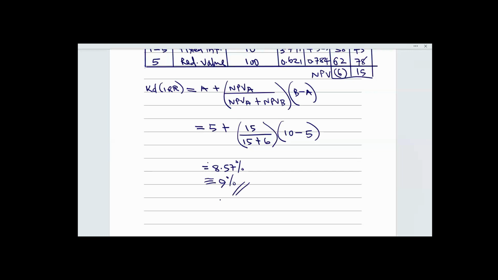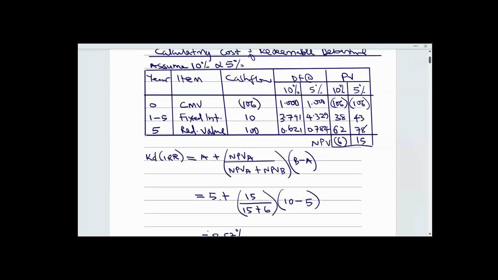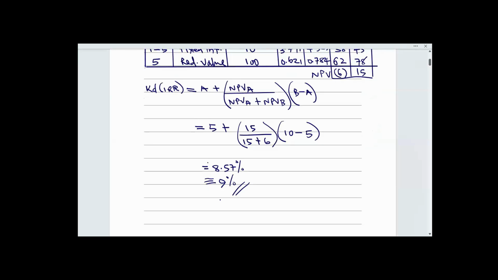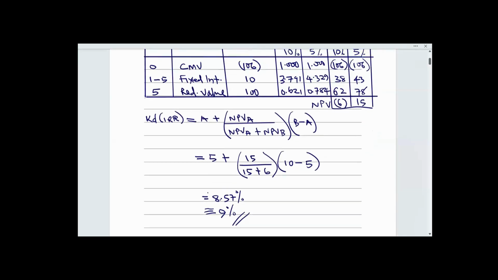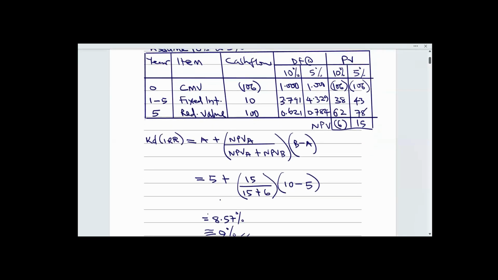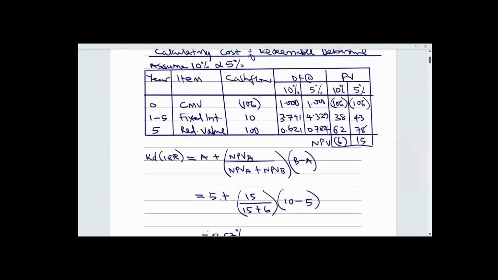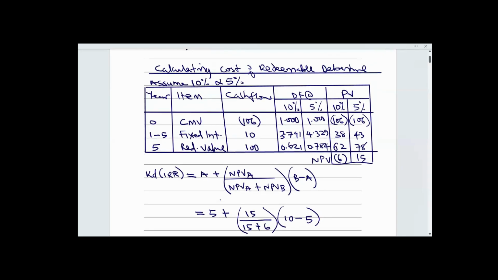So the cost of redeemable debenture of Emery PLC is approximately 9%. So this is how to calculate the return to be paid to the providers of debt capital, that is the debenture holder.